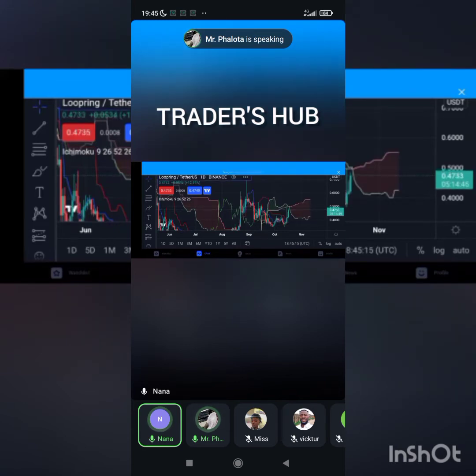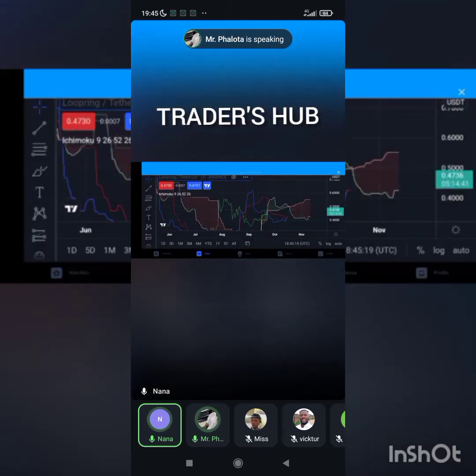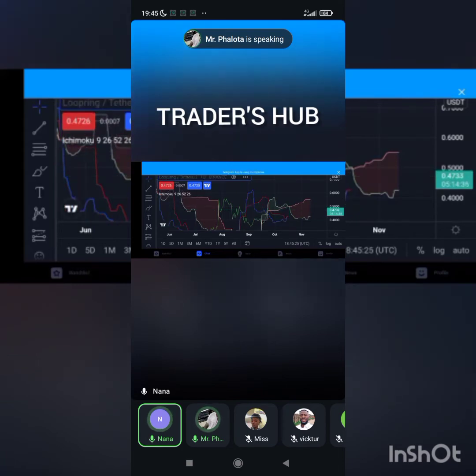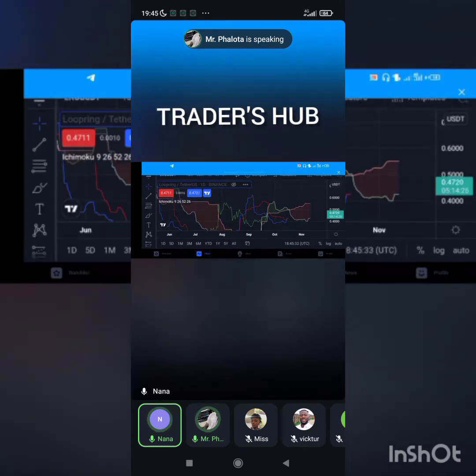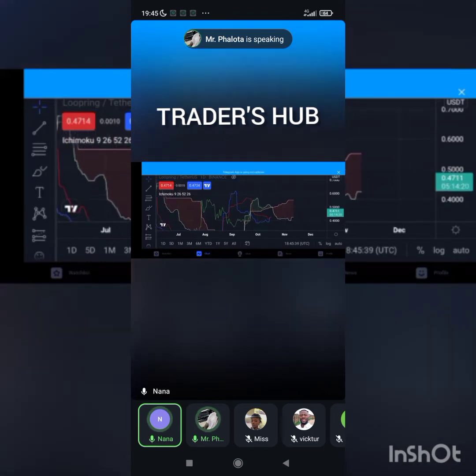I personally am using my Telegram on my laptop. That is why I'm able to share my screen on my laptop. For you guys to do the right thing, and it's costing us time now. If you were using your laptop, you would have done whatever you were doing neatly without any stress.